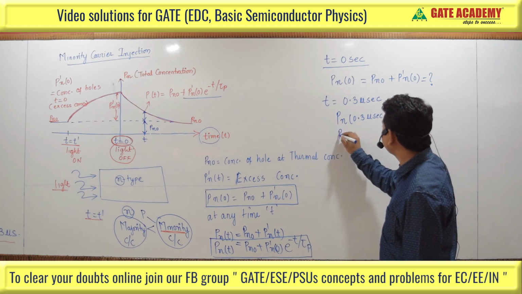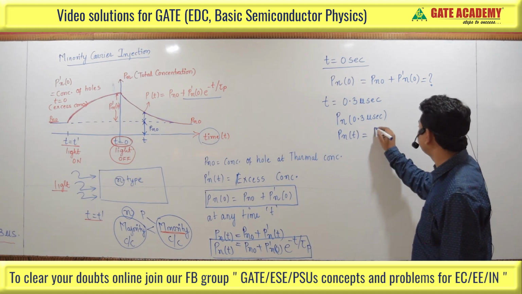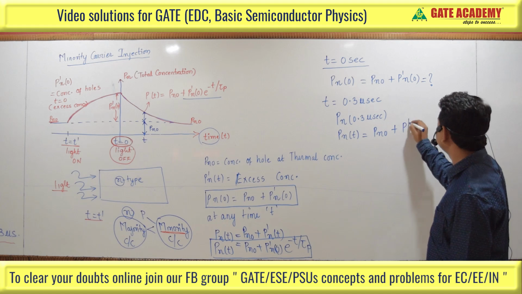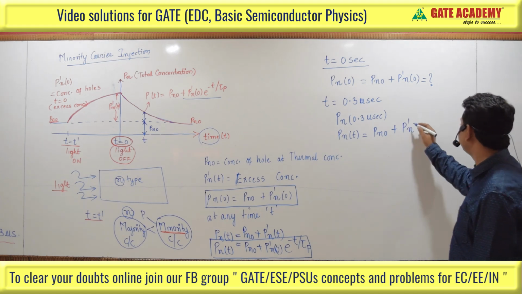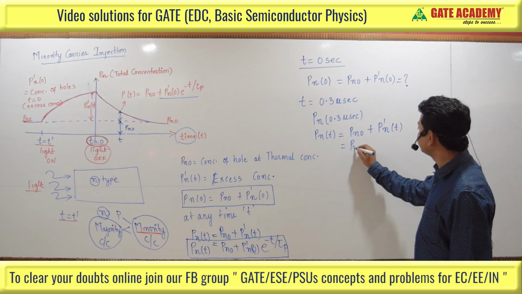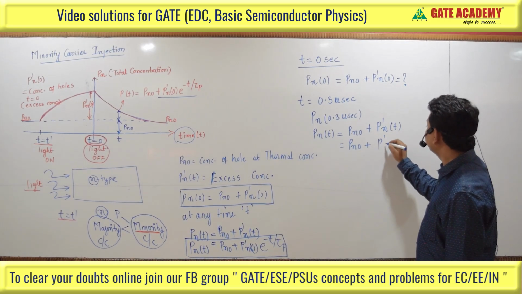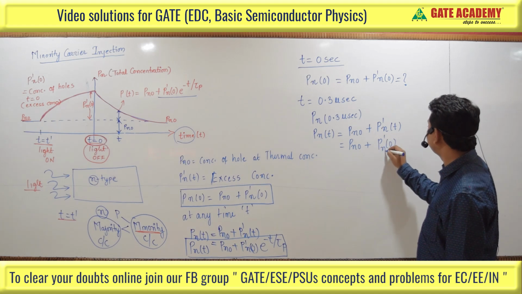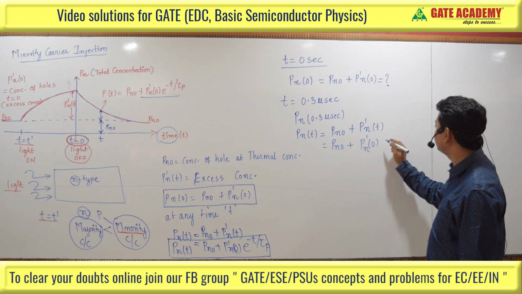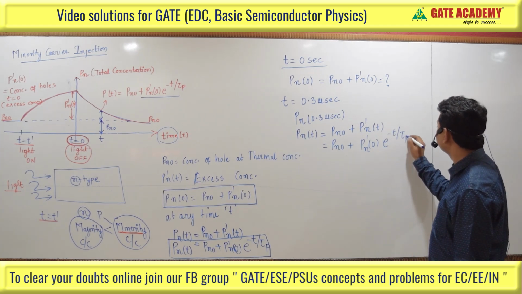We have to consider this one. We know that at any time t, the total concentration of holes is equal to the initial concentration plus the excess concentration, which is represented by P'n(t). And we know that this is the initial concentration plus P'n(0) times e raised to minus t divided by tau p.